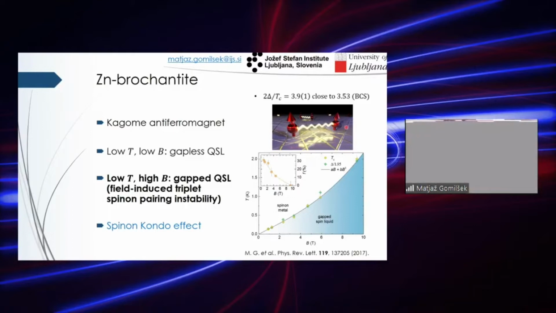In a similar way to the way we have a superconductor forming out of pairs of electrons forming a Cooper pair, here we have pairs of spinons forming a spinon pair with a gap that's basically a BCS gap. So if this is a spinon metal type behavior, this could maybe be termed a spinon superconductor. So a magnetic type of superconductivity without electric charge. Everything else is more or less the same.